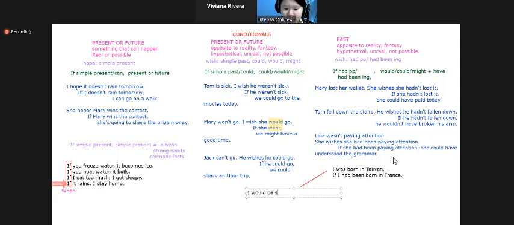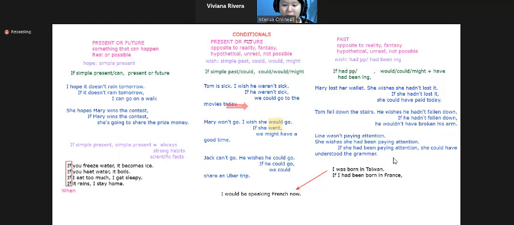I would be speaking French now. Si yo hubiera nacido en Francia hace 33 años, yo estaría hablando francés ahora. Right? Entonces, estoy cruzando una condición del pasado a una posibilidad del presente, los dos son ficticios.